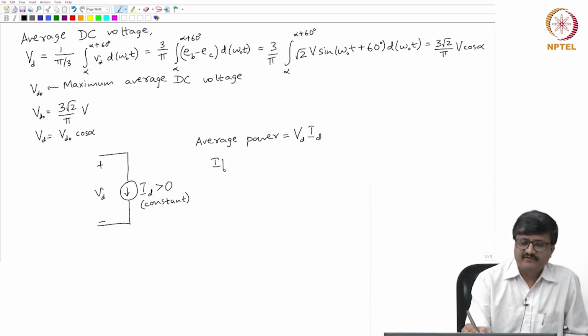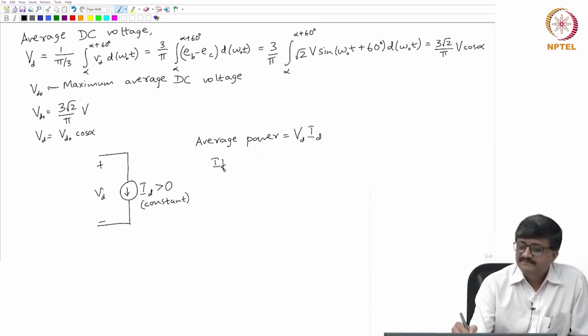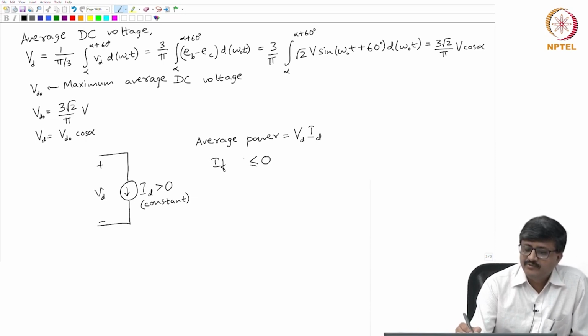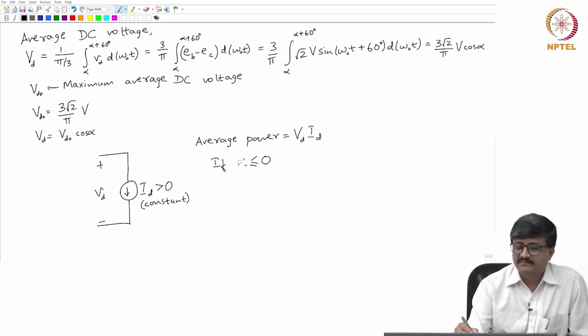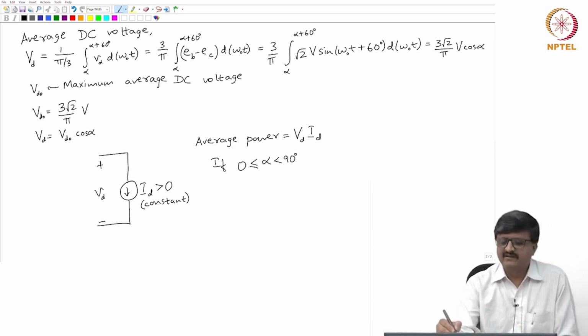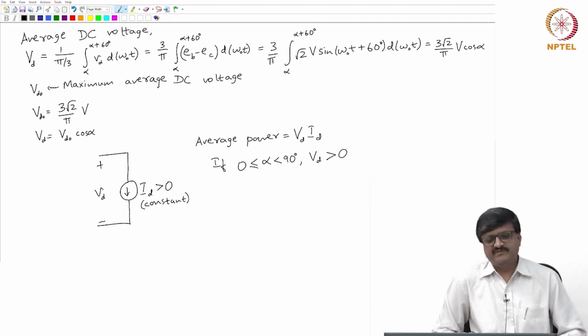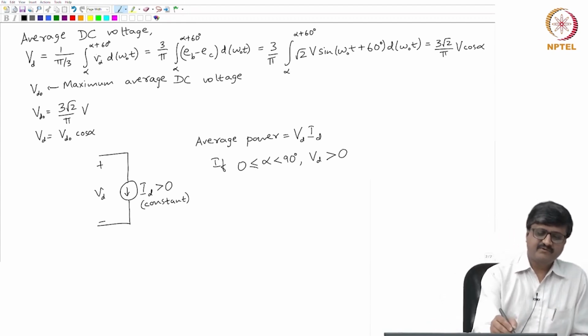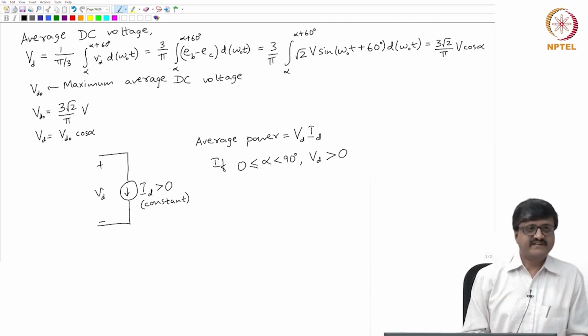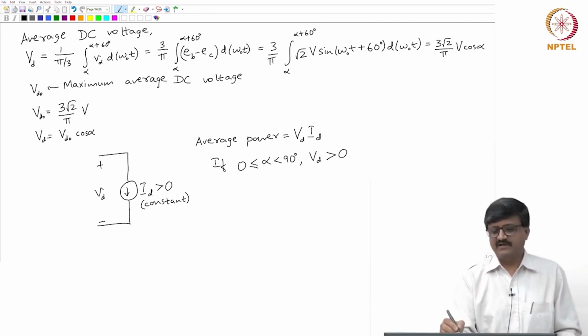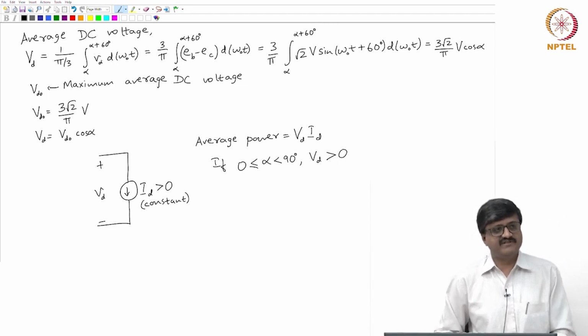So, if alpha is greater than or equal to 0, I am sorry, if alpha is greater than or equal to 0 and less than 90 degrees, then VD is positive. Yeah, there are 2 VDs, one should be careful. I hope I am able to differentiate between the instantaneous vD by using a lowercase v and an uppercase V for the average value.